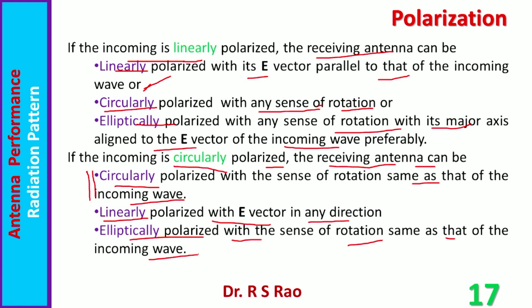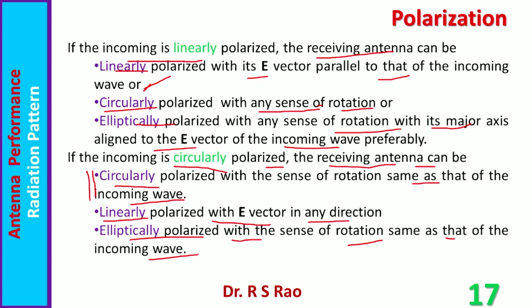Notice before going further that sense of rotation is also an important aspect. Let us suppose the incoming wave is circularly polarized, and the receiving antenna is also circularly polarized. So polarization is the same, but it is not sufficient.